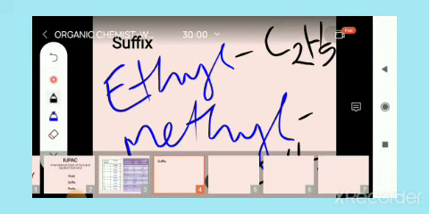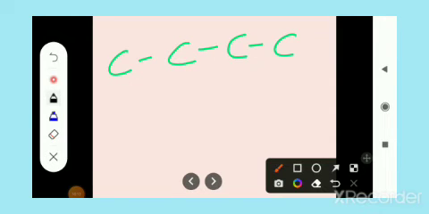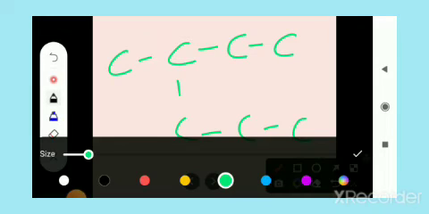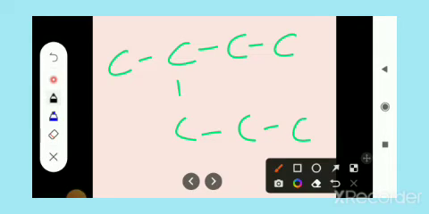Now the question is, what would happen if the carbons are given like this, C C C C C C C. Just an example. So how will we take the longest chain?